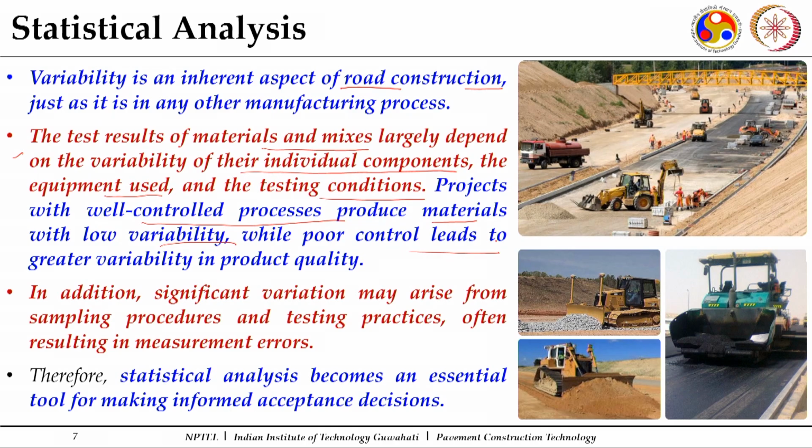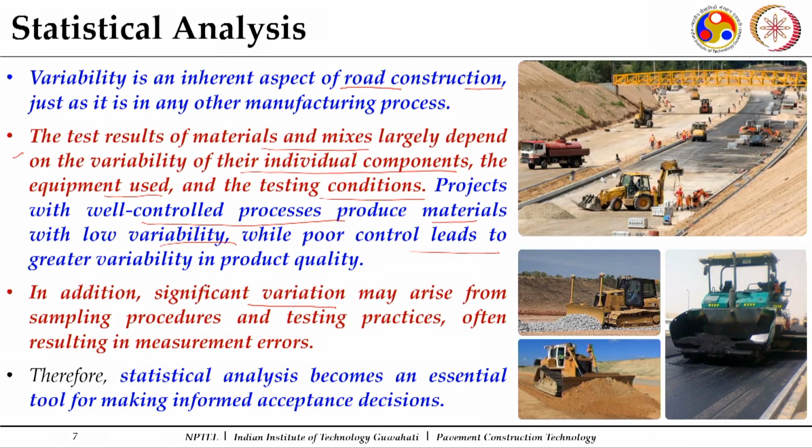While if the control is poor, see, if you are producing a mix from a wet mix plant, there it needs to be controlled. When it is laid by pavers, there it has to be controlled. When it is compacted, there it is to be controlled, and the testing by which you are evaluating it needs to be uniform. So if that control is good enough, you are able to reduce the variability.